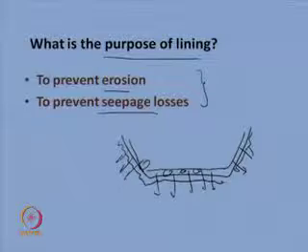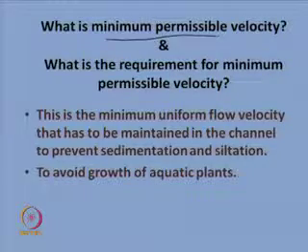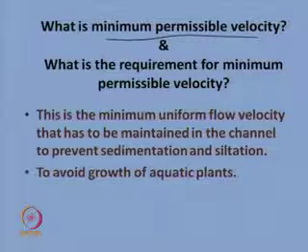The next factor which we suggested while designing the non-erodible channels was the minimum permissible velocity, if you recall. Now, I would like to ask you, what is meant by minimum permissible velocity and what is the requirement for it?